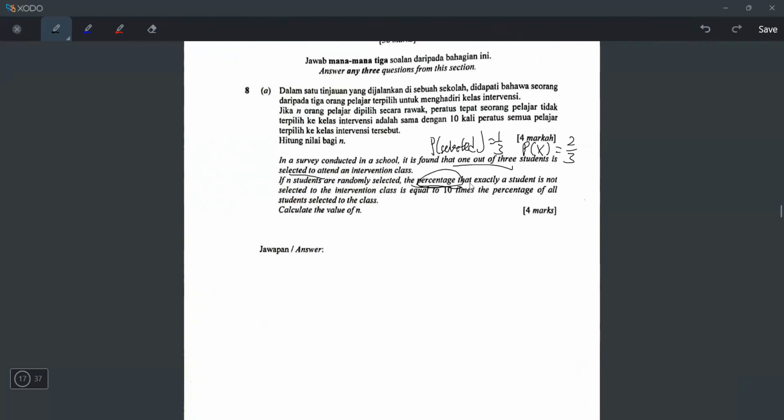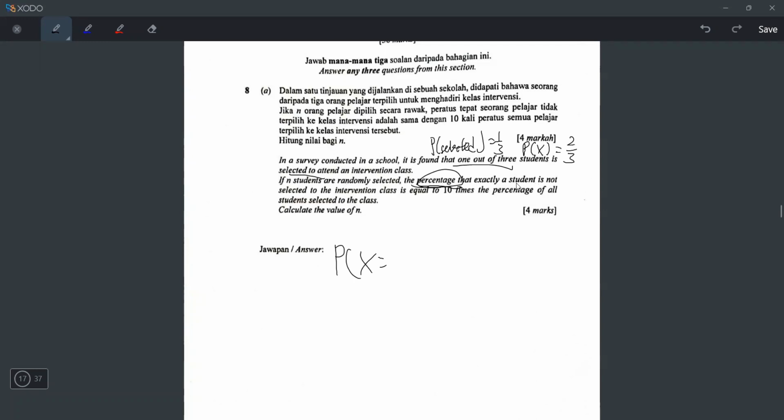Percentage that exactly a student is not selected is, so not selected means px equals to, let's see, px equals to not selected. Okay, let's finish reading first.